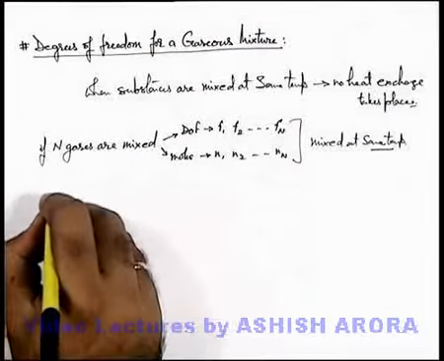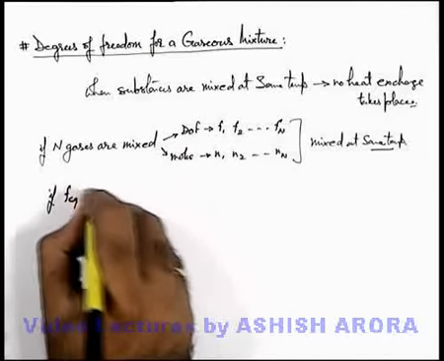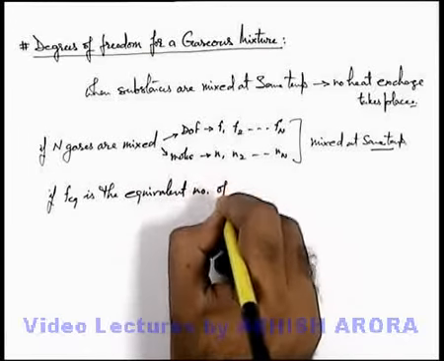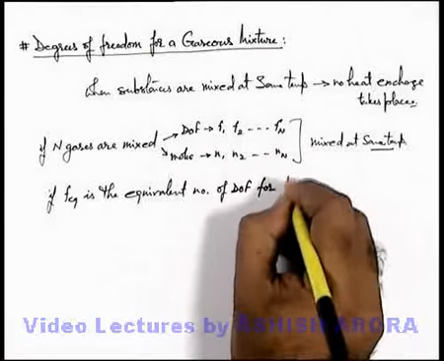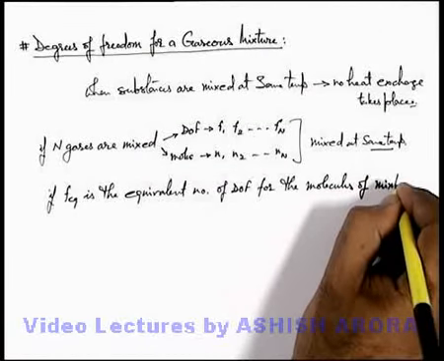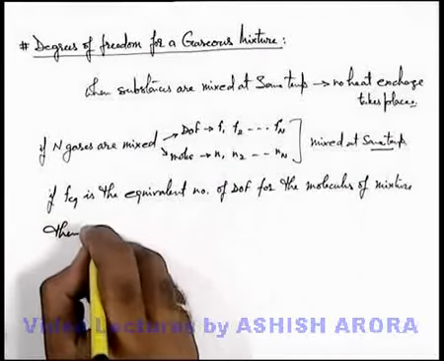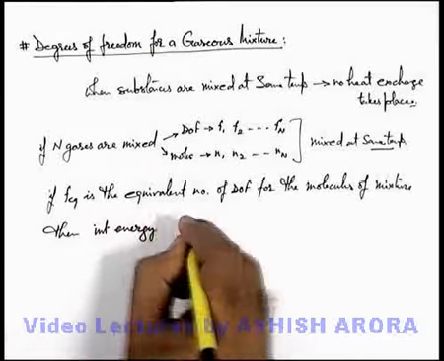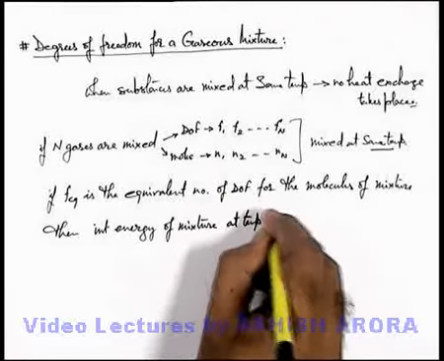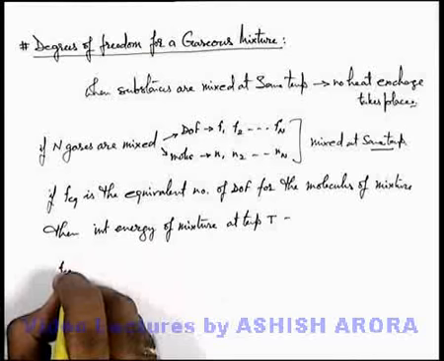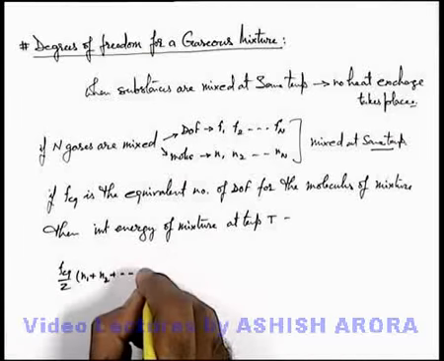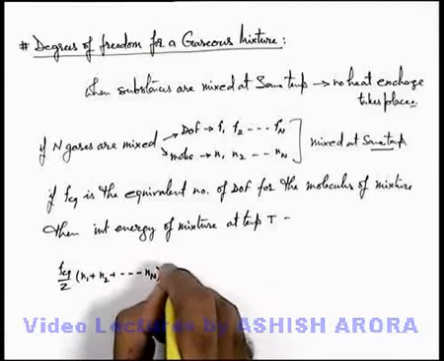Like if FEQ is the equivalent number of degrees of freedom for the molecules of mixture, then internal energy of mixture at temperature T we can write as FEQ by 2, total number of moles N1 plus N2 up to Nn, RT.